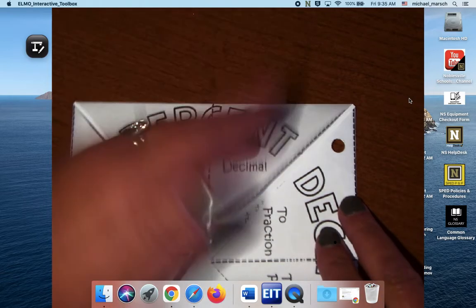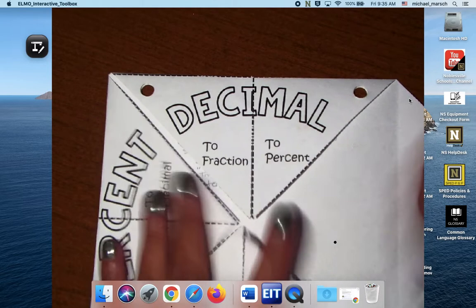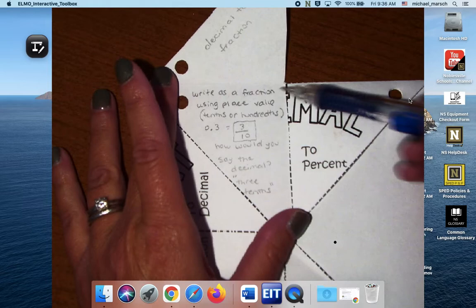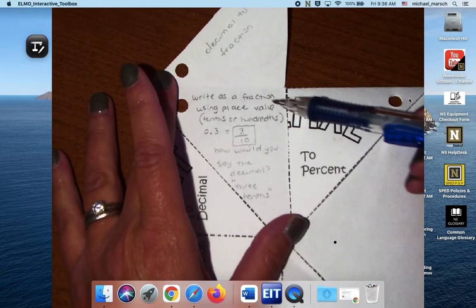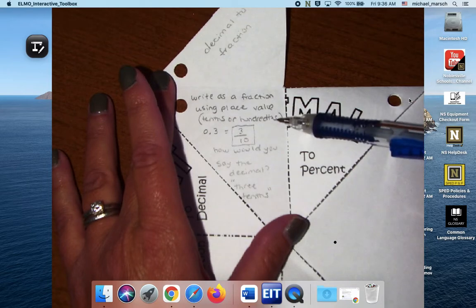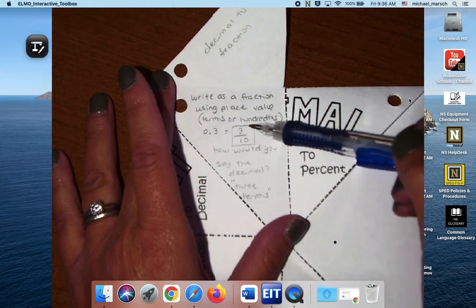And then our last section is decimal to a fraction and decimal to a percent. So if I'm going to be changing a decimal to a fraction, I'm going to write it as a fraction using the place value. So we're doing tenths or hundredths. So I've got 0.3 would be the equivalent of 3/10.